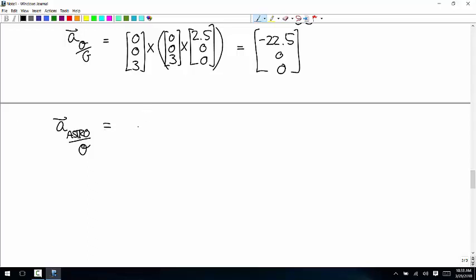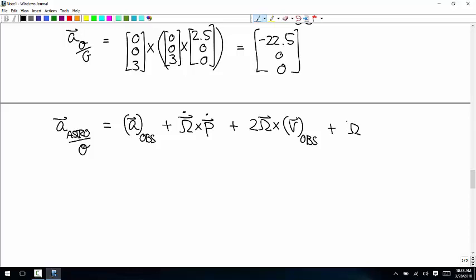So here we have to use the equation that says acceleration observed plus capital Omega dot, that's the position vector, plus 2 times capital Omega with the observed velocity vector, and then plus capital Omega cross quantity capital Omega cross P.